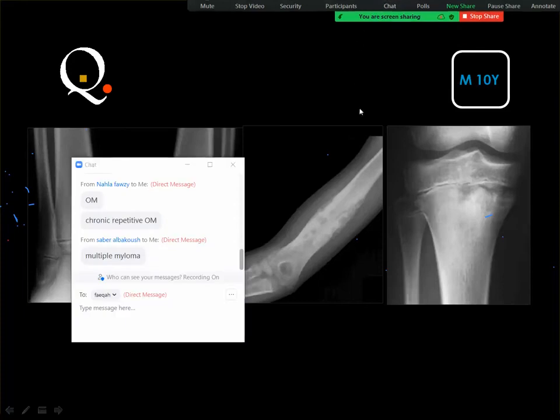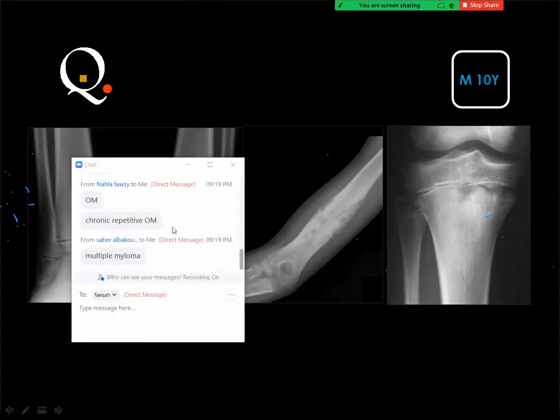Okay. Chronic recurrent osteomyelitis and another possibility, multiple myeloma.